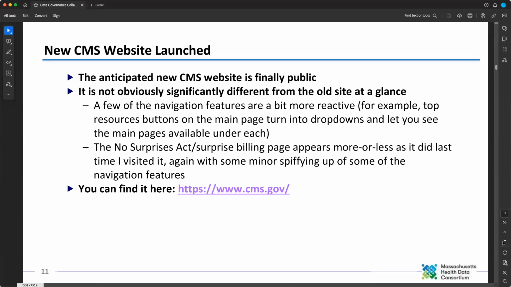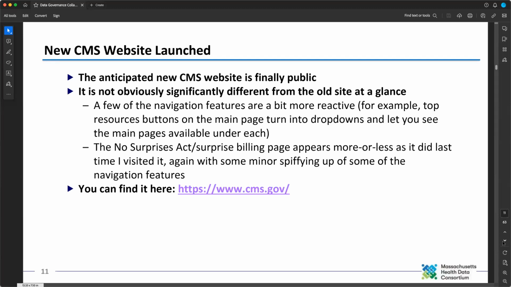There's a little bit of spiffing up navigation and maybe slightly on look and feel, but I'm not positive that I would have realized that it was a site update if I just randomly showed up there without knowing that it had happened. So it really was some changes around the edges, and I was expecting a much bigger reboot based on the way that they had advertised it. So I thought that was interesting.